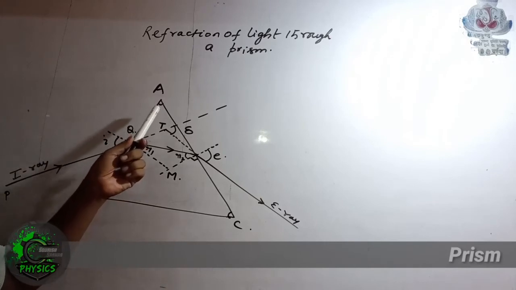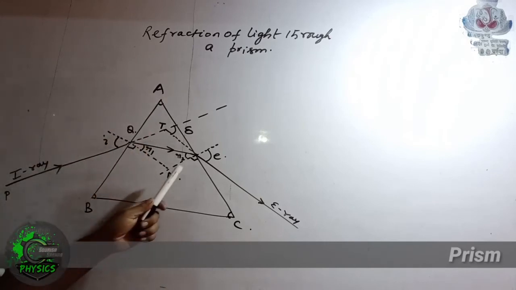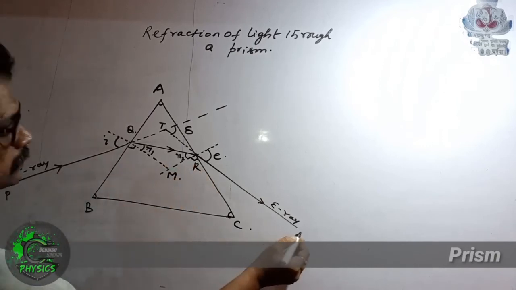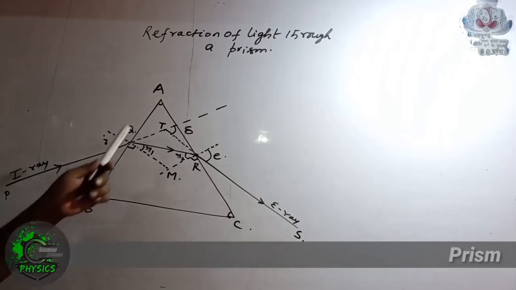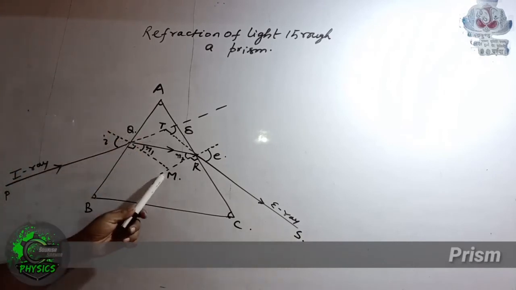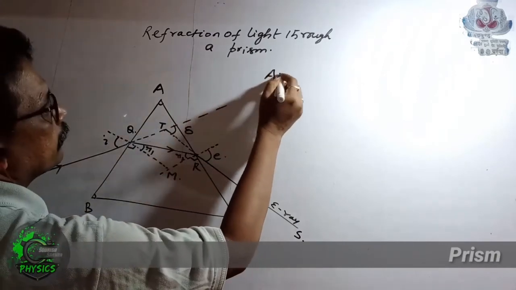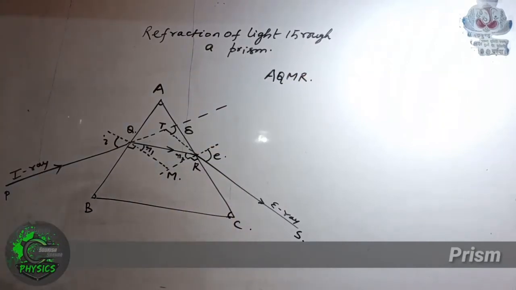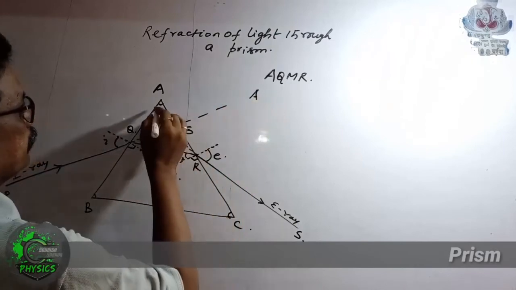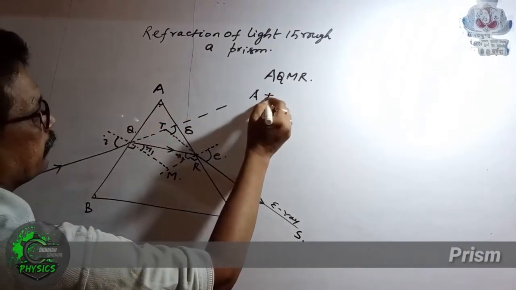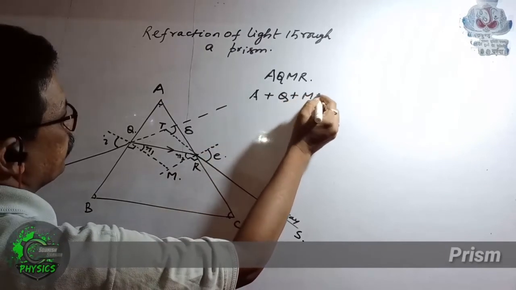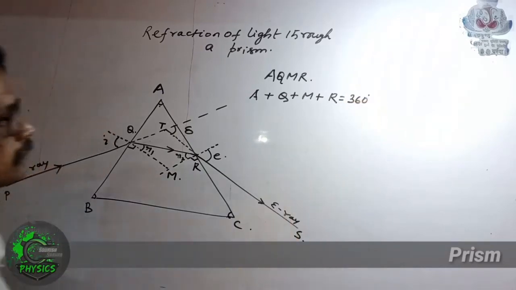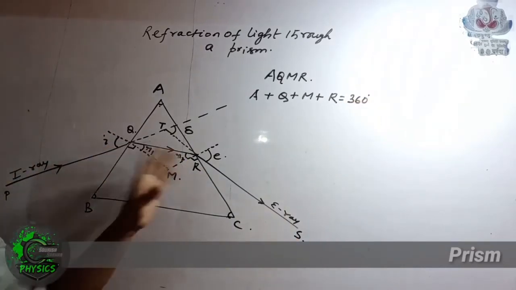Now consider the quadrilateral, say PQ, this is R suppose, and this is S. So let us consider the quadrilateral AQMR. In this quadrilateral, angle A plus angle Q plus angle M plus angle R equal to 360 degrees, because the sum of the four angles of any quadrilateral is 360.